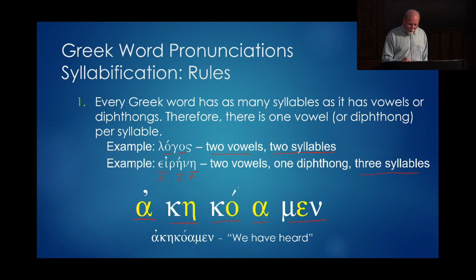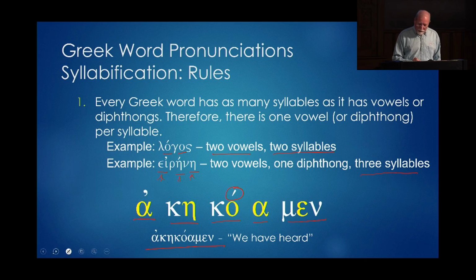And then we see we have an acute accent mark there. So that's the one we're going to stress, ka. So we have a, k, ka, men. Of course, it's not written that way. You're going to see it all put together like this. And it means we have heard. A-K, ka, amen. So we have heard.